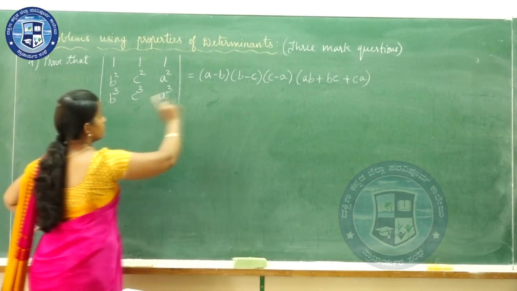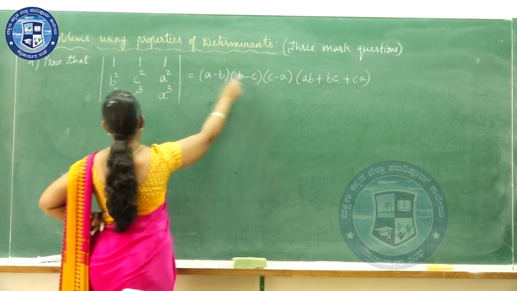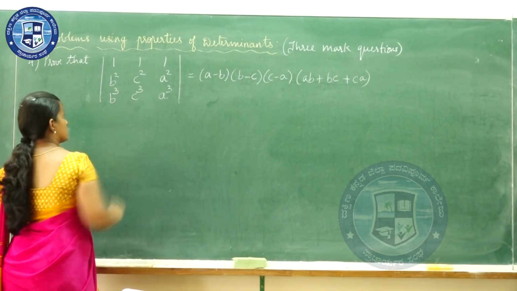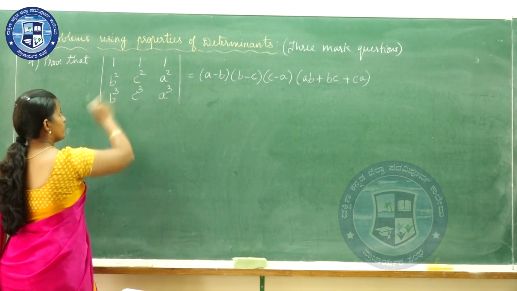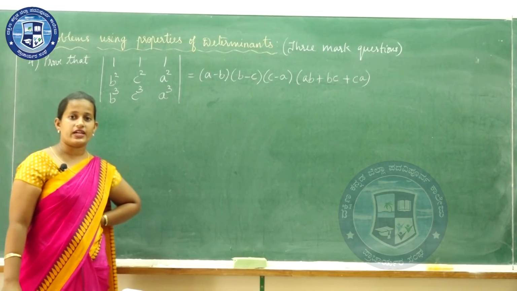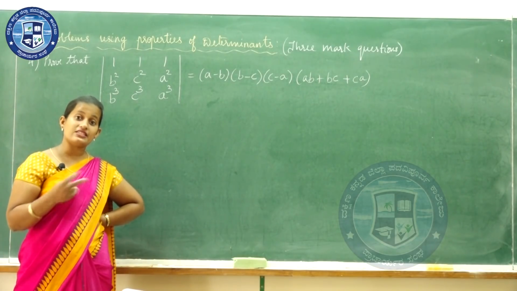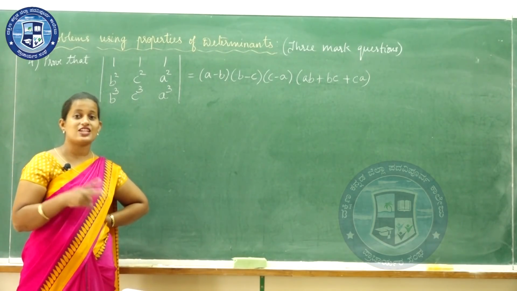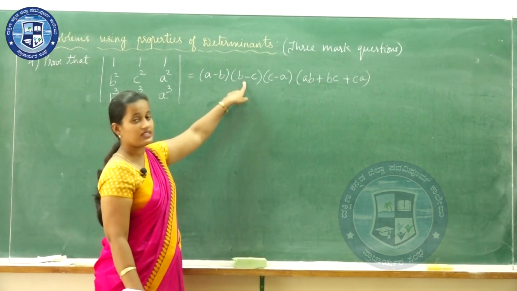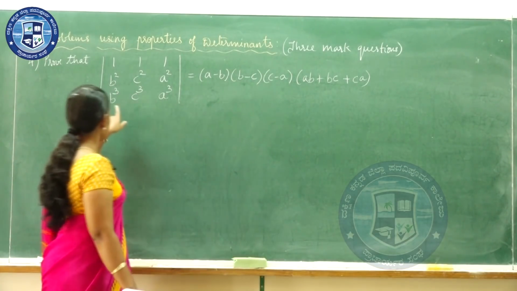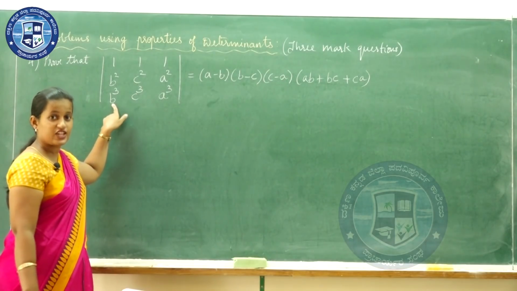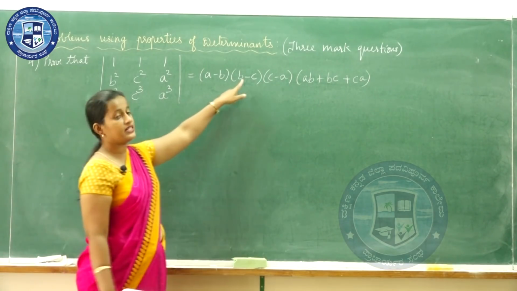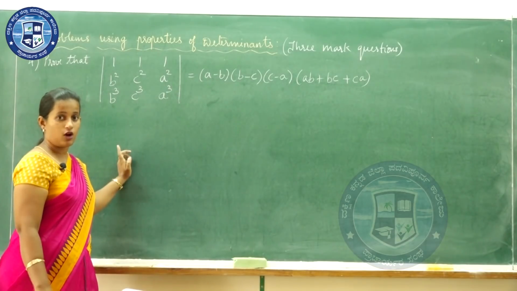Now when you do column, just observe here, you want b minus c, but here there is b square and c square. If you do column 1 minus column 2, you will get b square minus c square. b square minus c square can be written as b plus c into b minus c. So you will get the term b minus c. Even here, b cube minus c cube will give you the term b minus c, so that you can take common out.